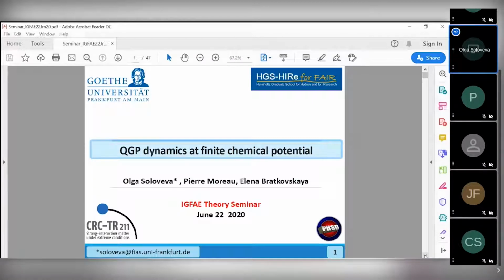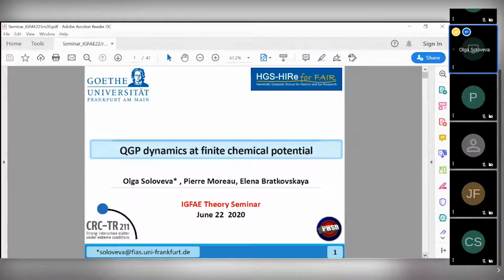So we need to use other approaches, non-perturbative ones and also models, to study this region. And in order to consider and explore experimental data, which will arrive soon from this region, we need some approaches and models needed for heavy ion collision simulations.